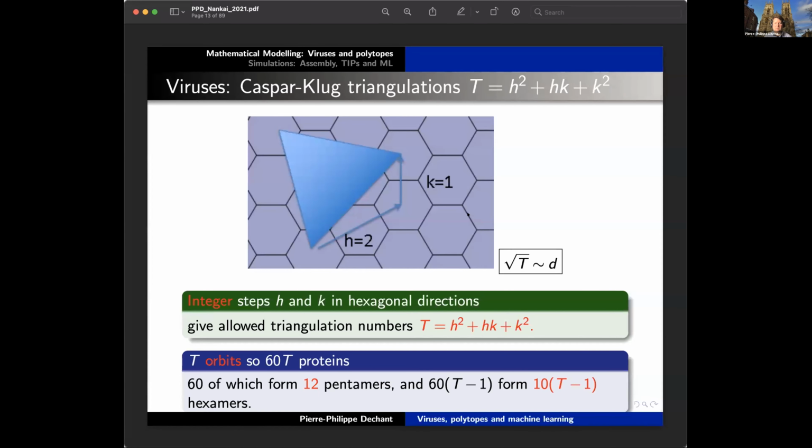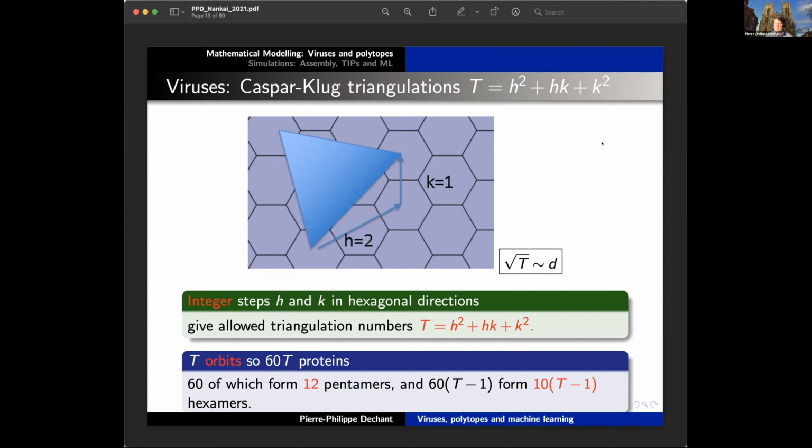And the allowed triangulation numbers that you get are parameterized in terms of 2 integers. So they just count the number of integer steps you go along the 2 different lattice directions from one corner of a triangle to the other corner of the triangle. And that gives certain allowed numbers. Not every T number is allowed in that sense, but you can have a sort of discrete quantized spectrum of allowed geometries.